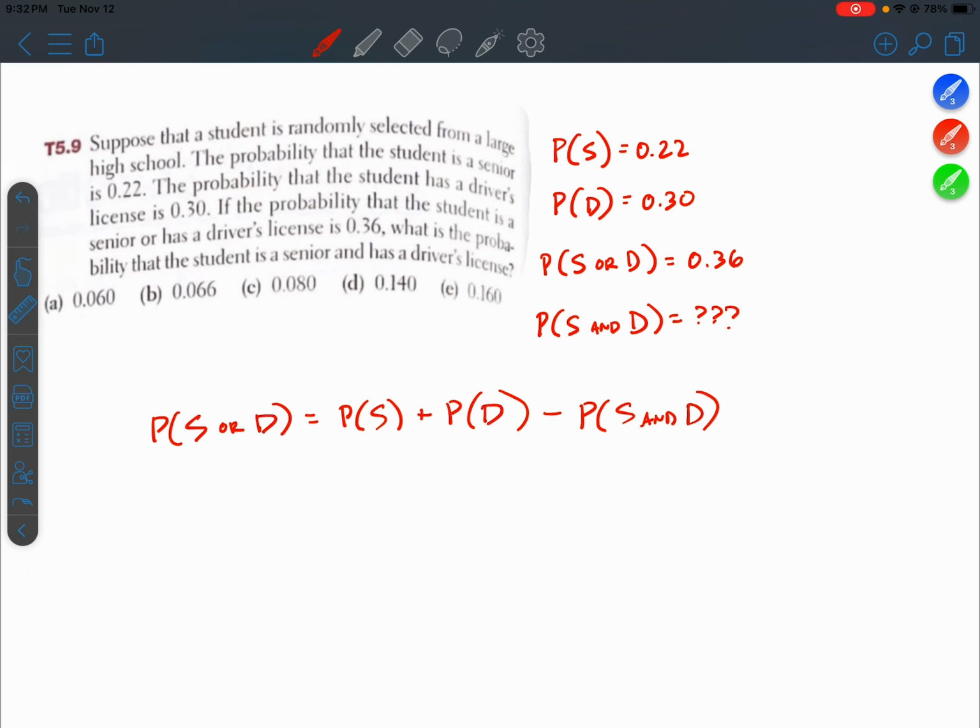Now we'll just plug in. So this will be 0.36 equals 0.22 plus 0.30 minus, let's just call it X. So the sum here is 52%.